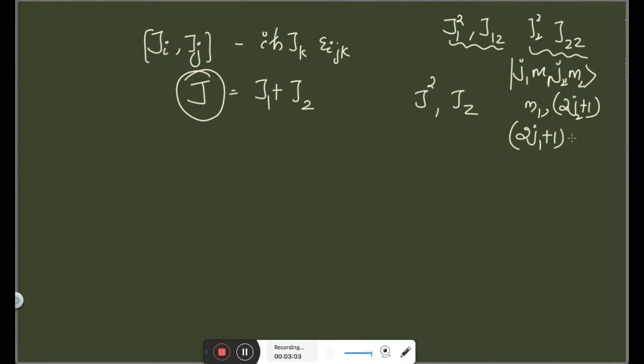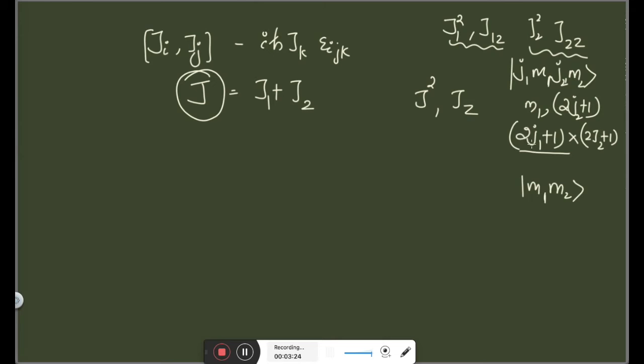So a total of (2J1 plus 1) into (2J2 plus 1) possible values of the ket |M1 M2> are possible in the combined state.